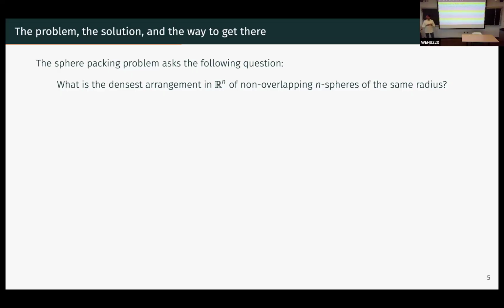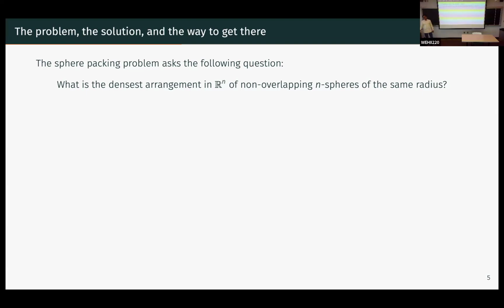So I'm confused. You gave us an example of an arrangement in at least R2, R3, like putting balls on the vertices of a simplex, and you're saying that's not the densest for Rn? No, not in general.